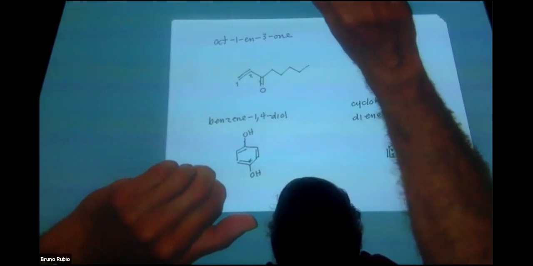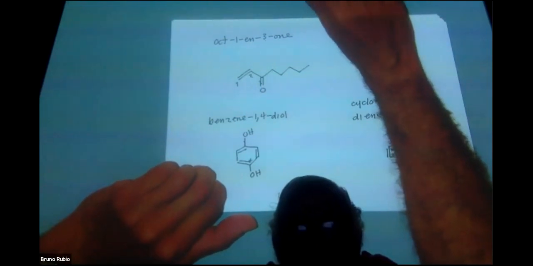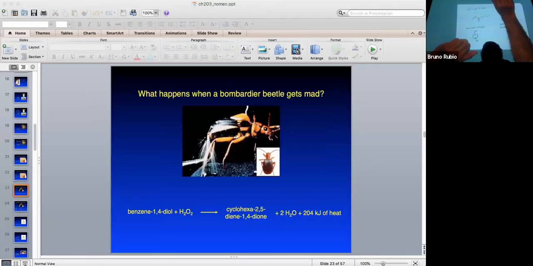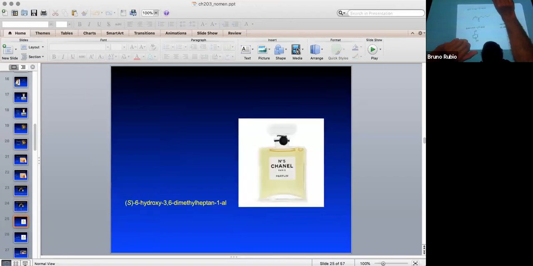Okay, so let's do some more. So this is one of the ingredients of the perfume Chanel number 5. This has an S in it. Let's just forget about that for now.